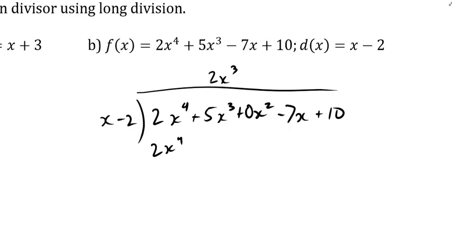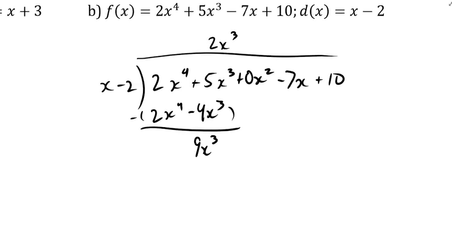Okay, so let's keep going. So 2x cubed times negative 2x is negative 4x cubed. Subtract. 5 minus negative 4 is 9x cubed. Okay, I'm going to let you try the next step.